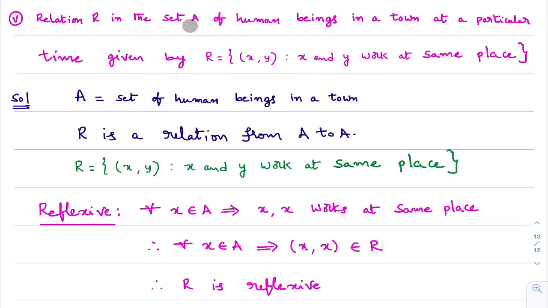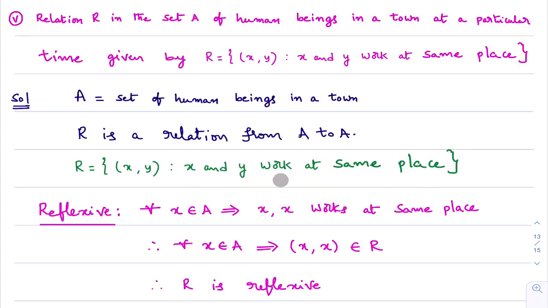What is set A? Set of all human beings in a town at a particular time. R is a relation from where to where? A to A. How is the relation defined? Ordered pair (x, y) such that x and y work at the same place.